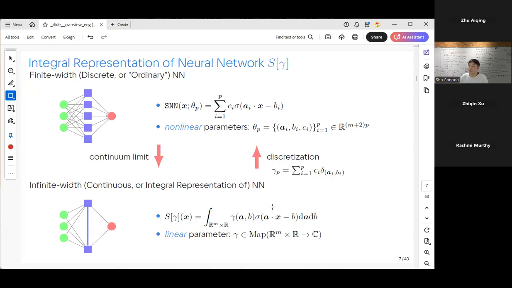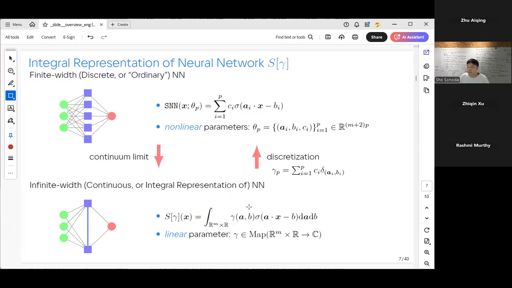So we do not need to choose which a_i and b_i to use. Instead, by weighting them, we indirectly choose which A and B to use. And this weighting function gamma takes the place of a linear parameter. This originally corresponds to c_i. Even in a finite neural network case, c_i is a linear parameter. I mean, if we double c_i, then the network will be doubled, right?